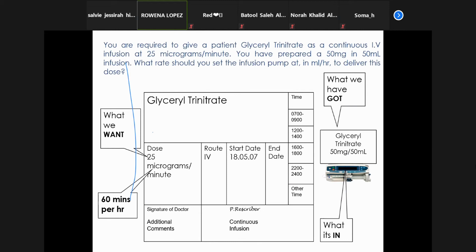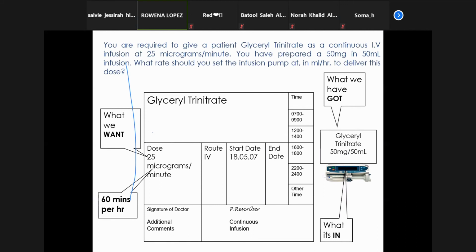So we are talking about how many ml per hour.